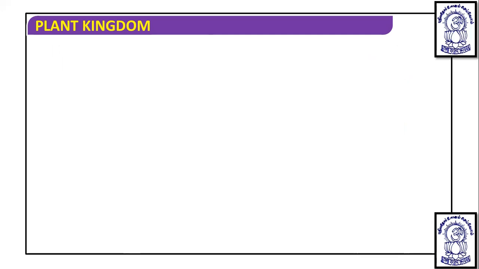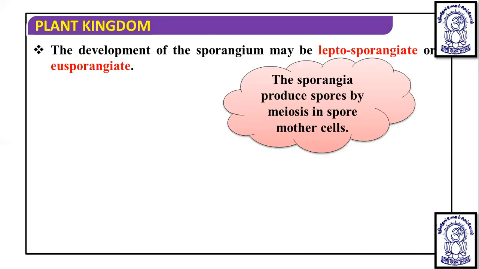In the pteridophyta division, we are going to understand four classes. Before that, we should understand that the development of the sporangium may be leptosporangiate or eusporangiate.